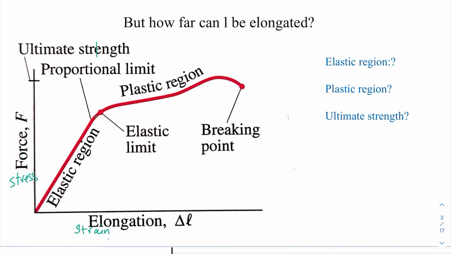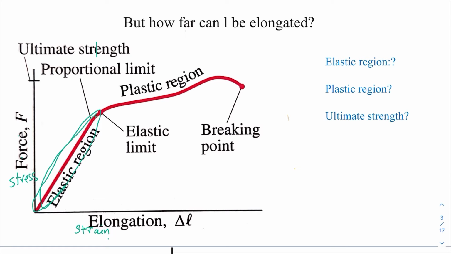So in this graph, as it illustrates, we see there is a linear region. This linear region means that the force is directly proportional to the elongation, or change of the length or size of the material. That means that if the force applied in this region is proportional, it causes proportional elongation.